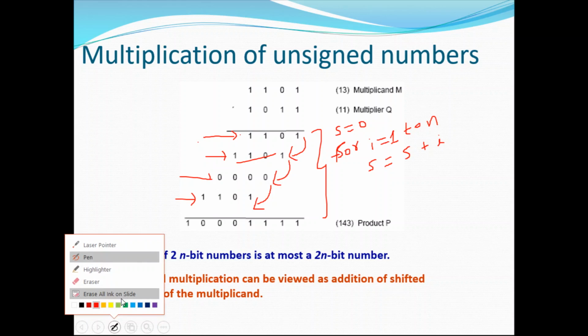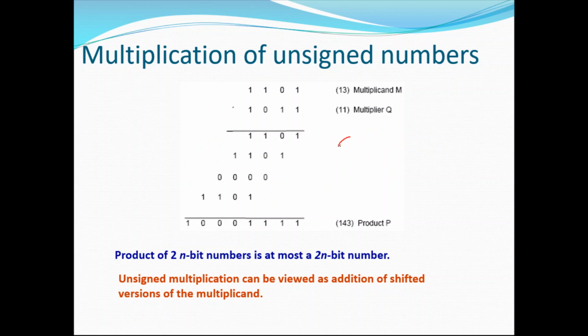Initially, for adding n natural numbers, we assumed s equal to 0. These are the partial sums. This is the partial sum at the first level.